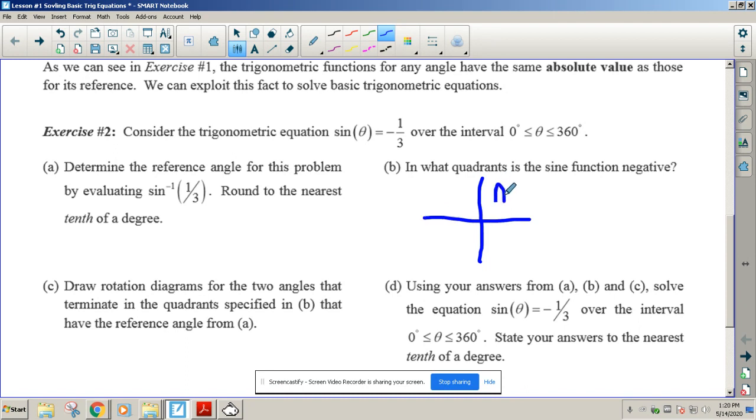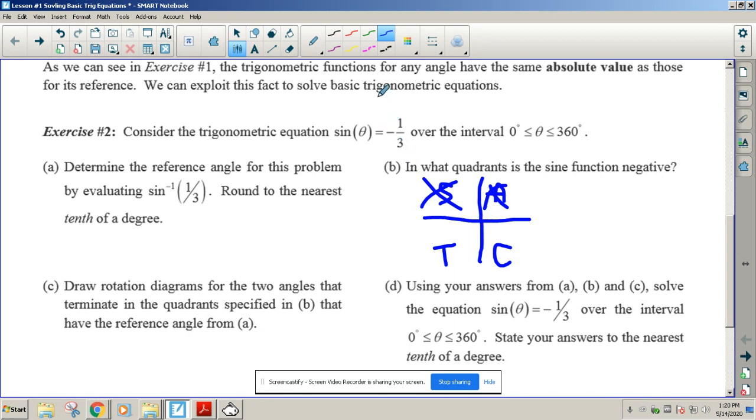and I go back to my All Students Take Calculus. Sine is positive in quadrant 2 and positive in quadrant 1.